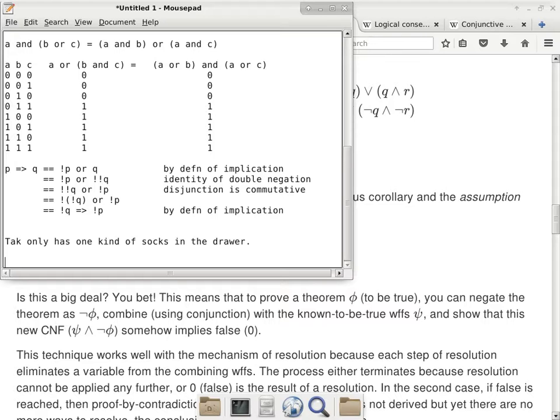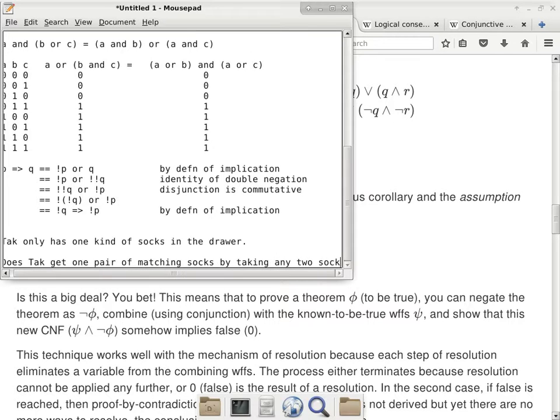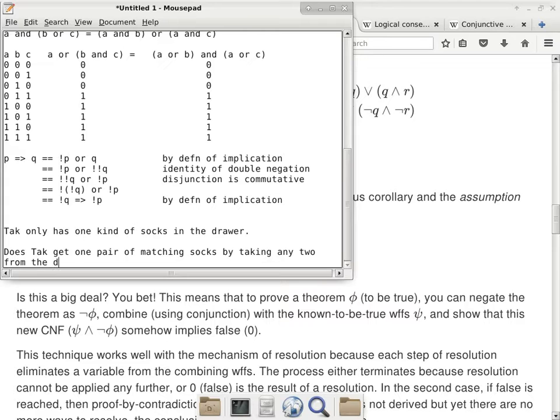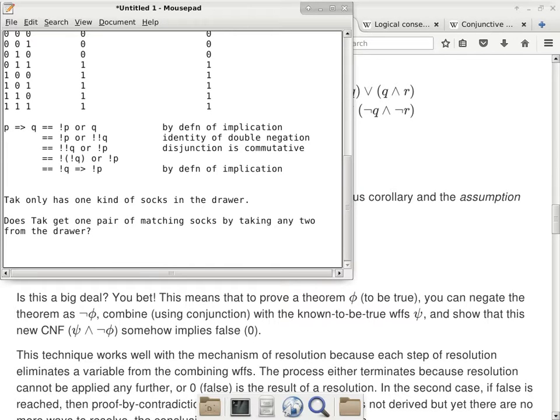Does Tag get one pair of matching socks by taking any two socks from the drawer? Because I want to cast it as a true-false thing, so it's a theorem. Tag getting one pair of matching socks by taking any two from the drawer is a theorem.